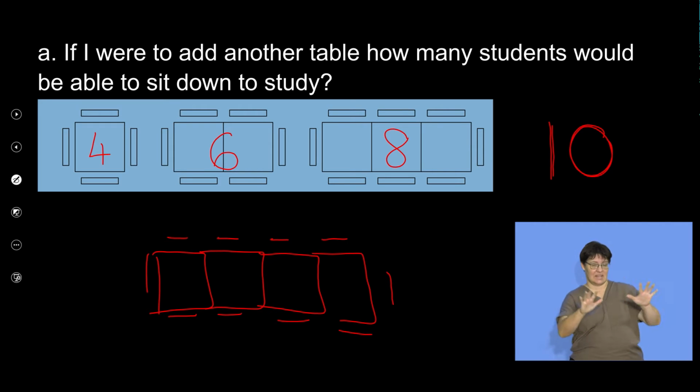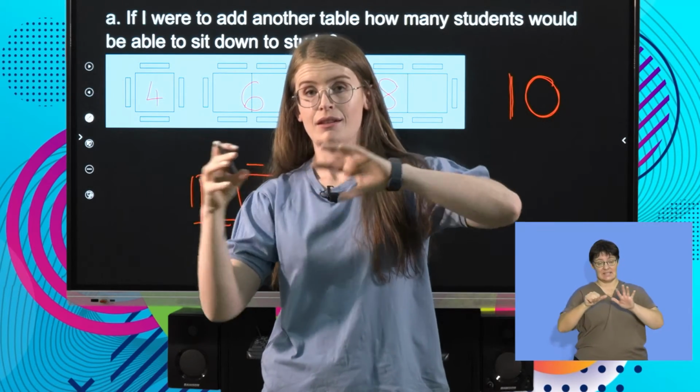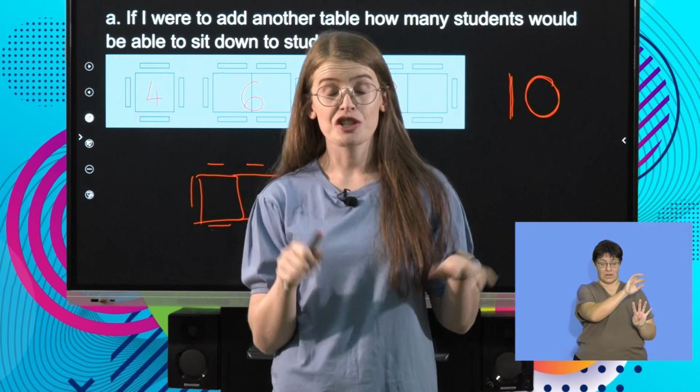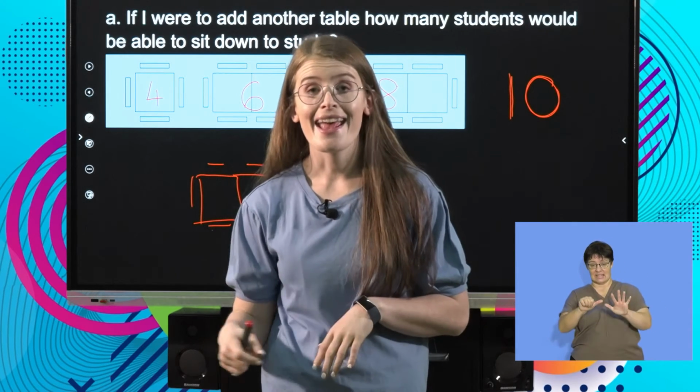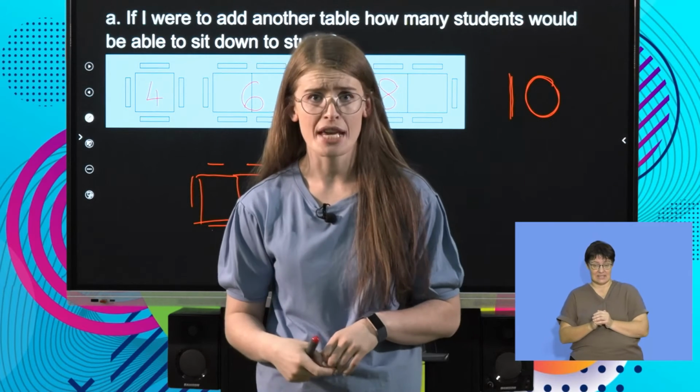Wonderful, guys. So if our tables are going 4, 6, 8, 10, 4 students at 1 table, 6 students at 2 tables, 8 students at 3 tables, and 10 students at 4 tables.